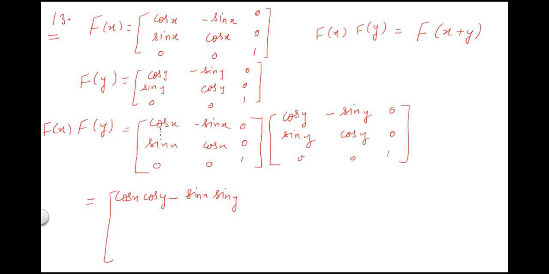So first row is cos x, first element, and second column the first element is minus sin y. So we'll get cos x times minus sin y, so minus of cos x sin y. Okay, then plus we have minus sin x and cos y. So we'll get minus of sin x cos y.